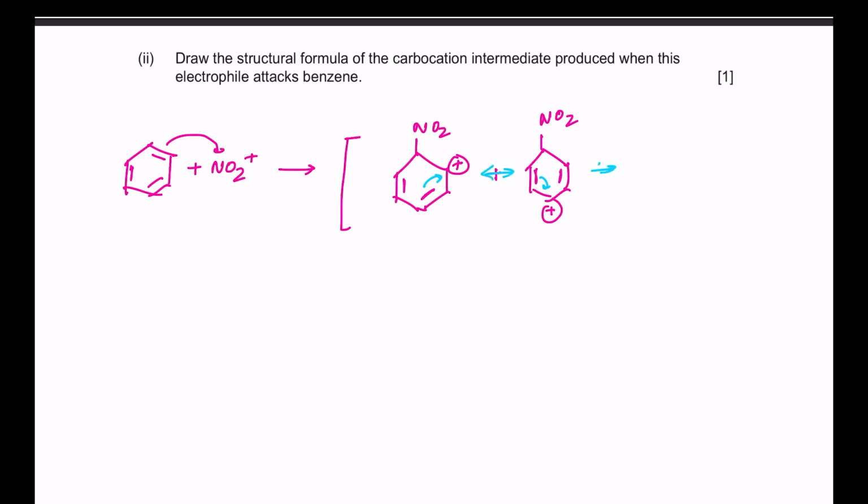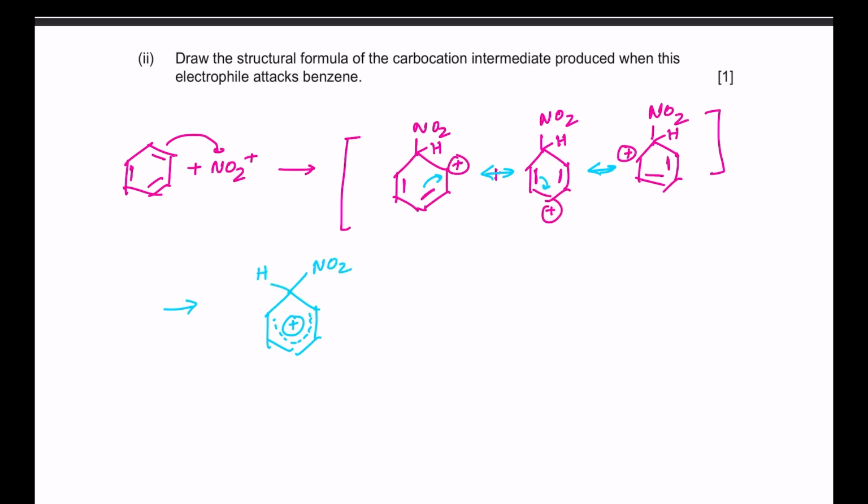This will be an equivalent sign here. There's also a hydrogen attached. So the carbocation intermediate will look like this. We see that the positive charge travels from this point and ends at this point. So this is the path of the positive charge. Here you have NO2 and here you have hydrogen. So this is the structural formula of the carbocation intermediate that will be formed.